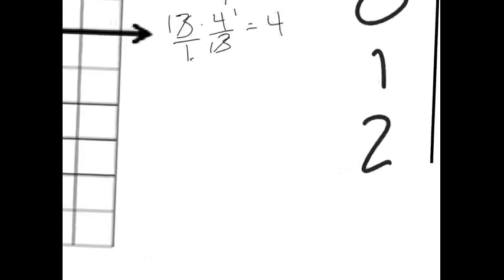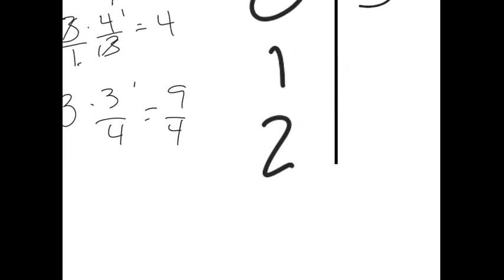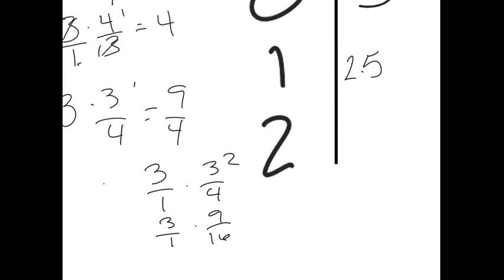And then just finish these out real quick. First power, so this would equal 9/4, which is actually 2.25. And then if we have 3/1 times 3/4 squared, we have 9/16, which is now 27/16, which is just below 2. I don't know the exact decimal point, but I'll just write it like that.